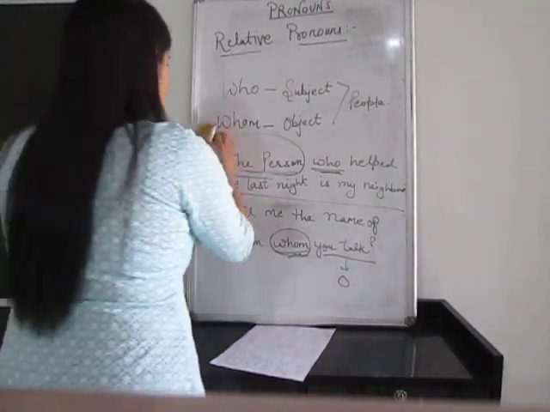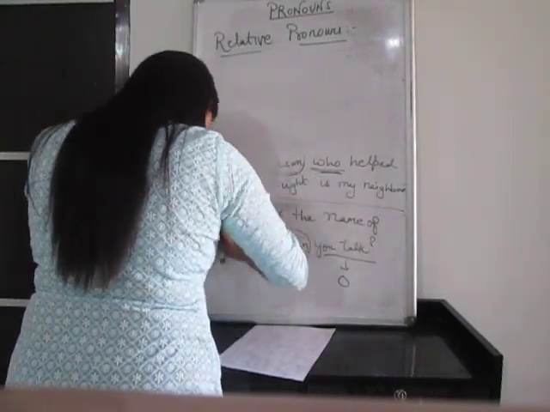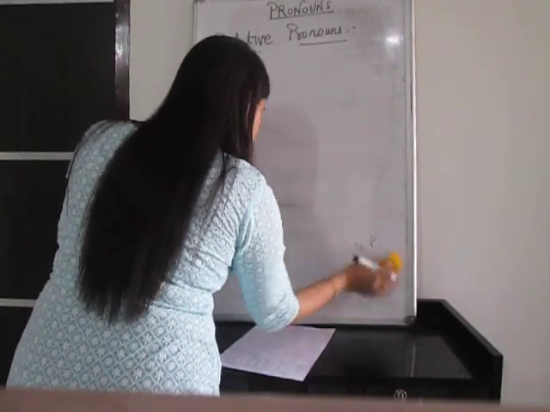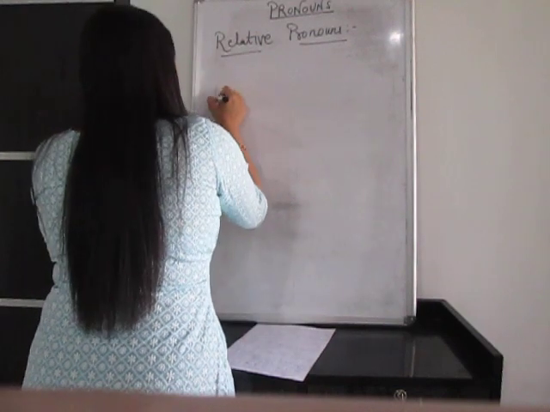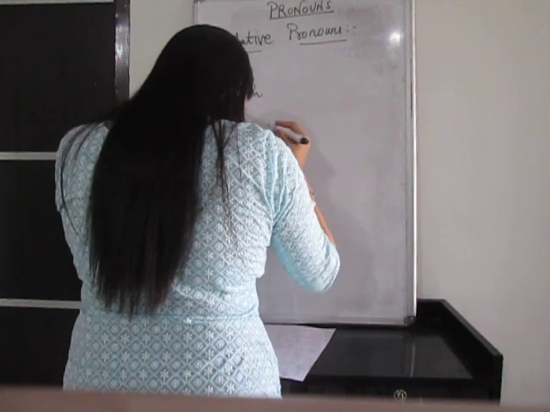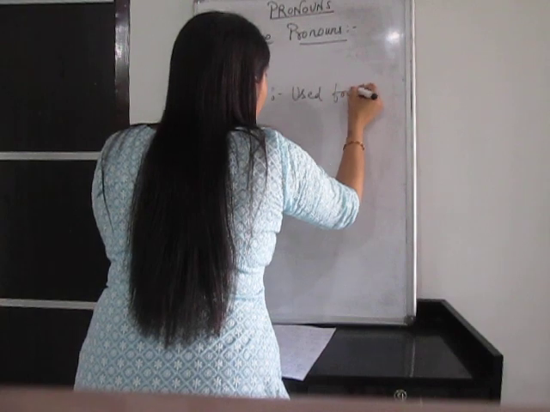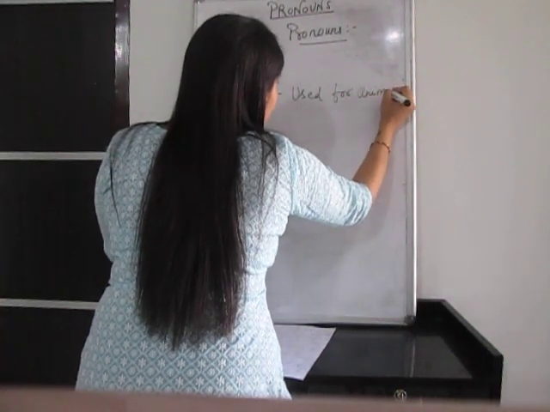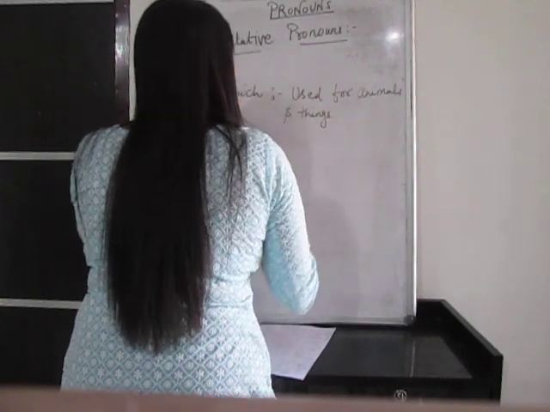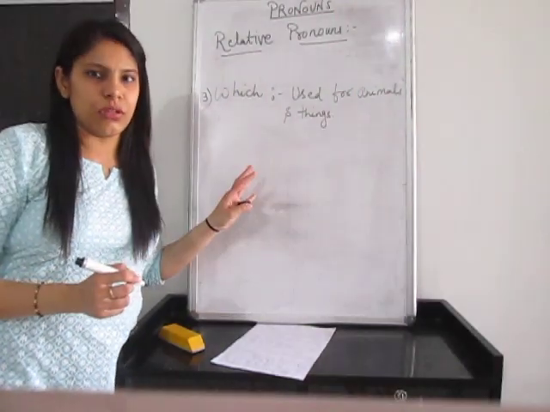Let's move further towards which. A third relative pronoun, which, is used for animals and things. We use which for animals and things. We do not use it for human beings or persons.